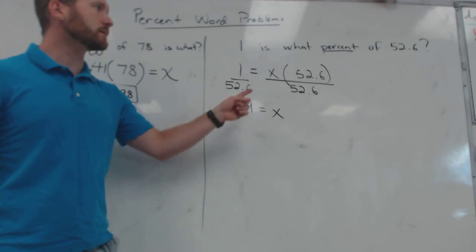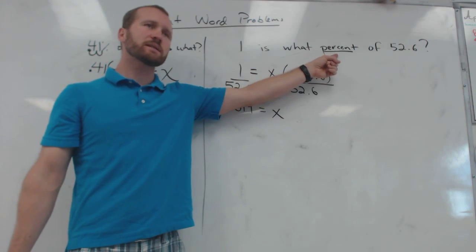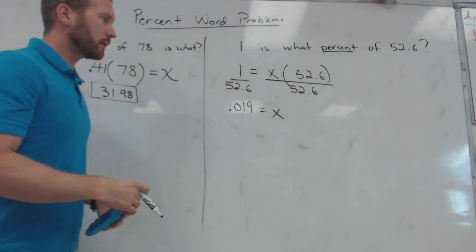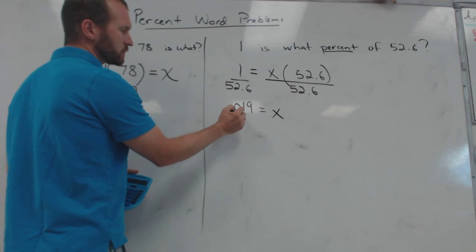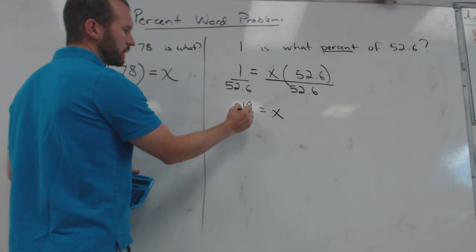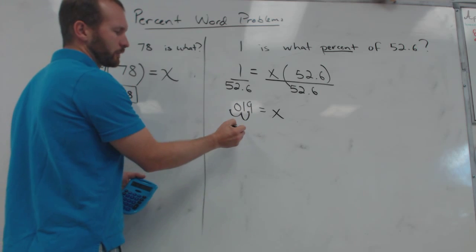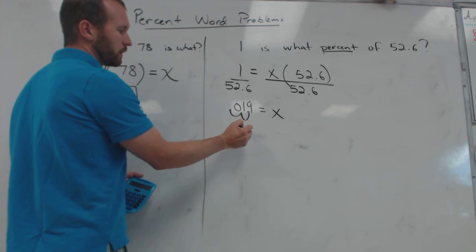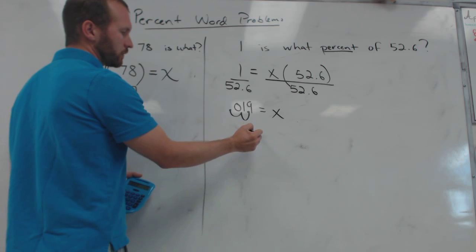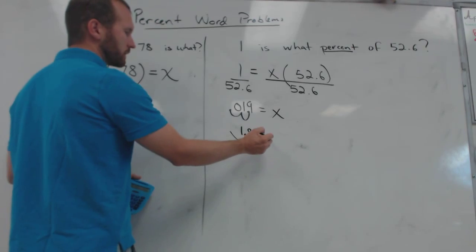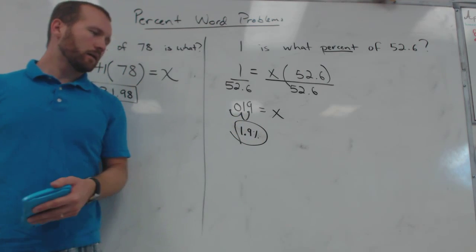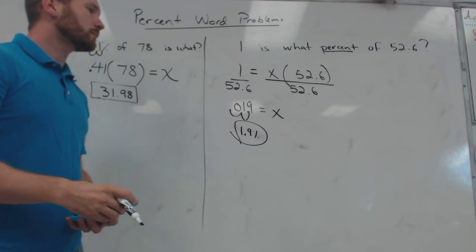I'm not quite done because they asked me what percent. I want to convert this number to a percent, so I move the decimal toward where the percent symbol would be. I end up with 1.9%. And that's my answer: 1.9%.